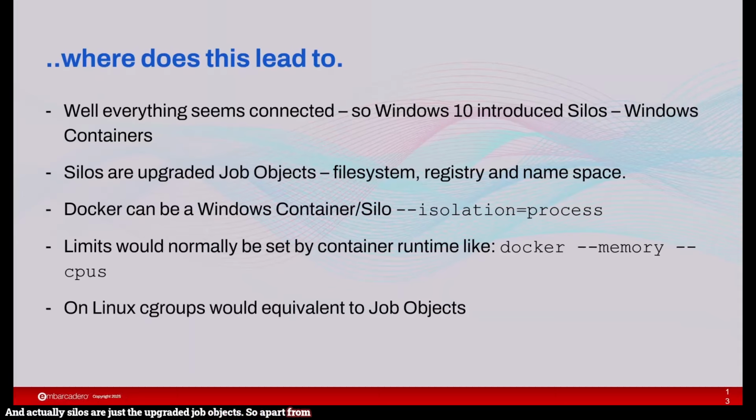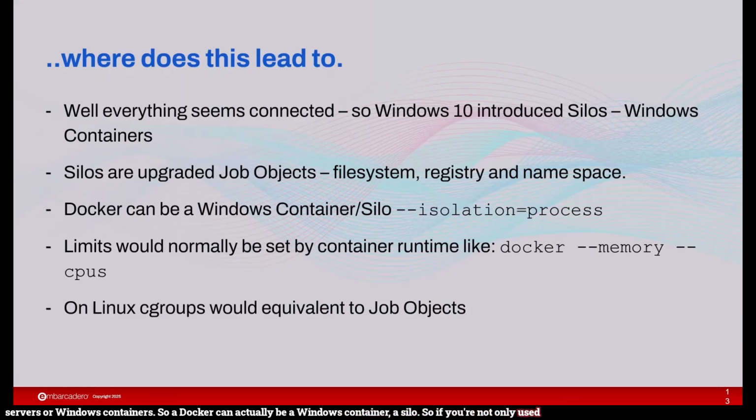So apart from CPU and memory and so forth, they also have their own file system, registry, and namespaces. So a Docker container can actually be a Windows container, a silo.